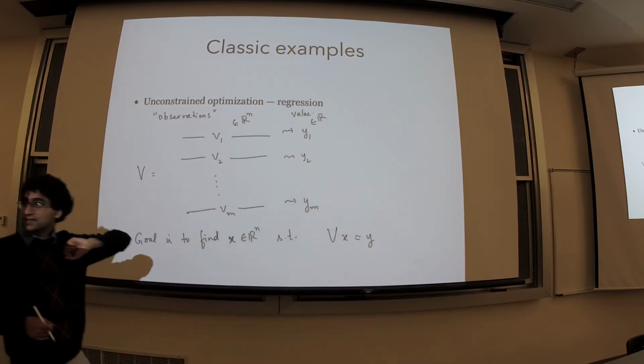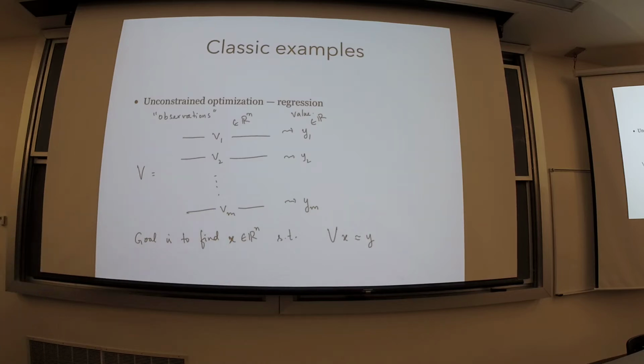So it's like saying for every observation you take that observation vector and you take the inner product with this unknown x, you want it to be equal to the value, which is y. This is the most common way of writing out regression, and usually you will not be able to solve this exactly. If this were equality, this would just be a system of equations which you can solve, but often the system will not have a feasible solution.